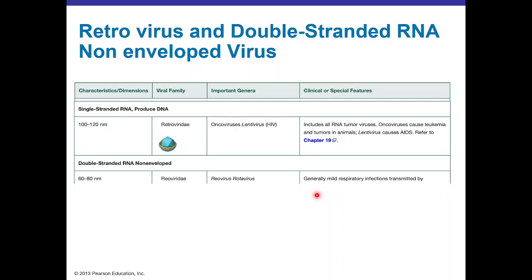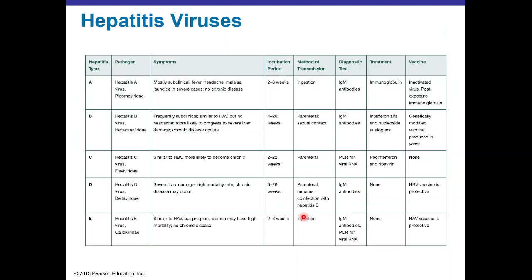In the case of single-stranded RNA that produces DNA, which is a retrovirus, this will be HIV, which is part of the lentivirus genera. We also have oncoviruses from this family that cause leukemia and tumors in animals. And reoviruses and rotaviruses can cause mild respiratory infections that are transmitted by droplets.